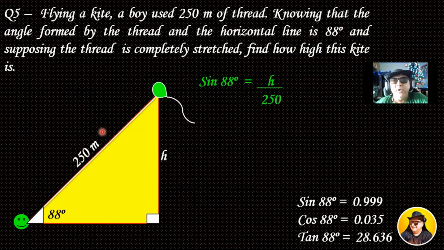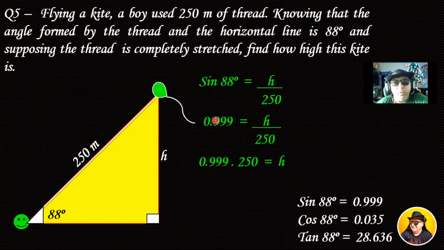Sine of 88 degrees is h over 250. And replacing the value of the sine of the 88 degrees, we have here 0.999. Let's replace. 0.999 is h over 250. 250, that is dividing, is going to be moved to the left side, multiplying.